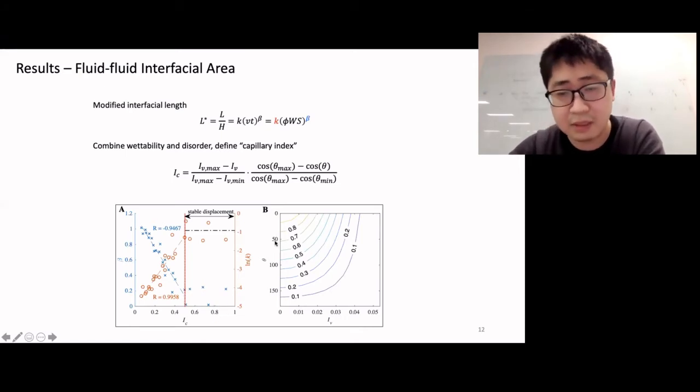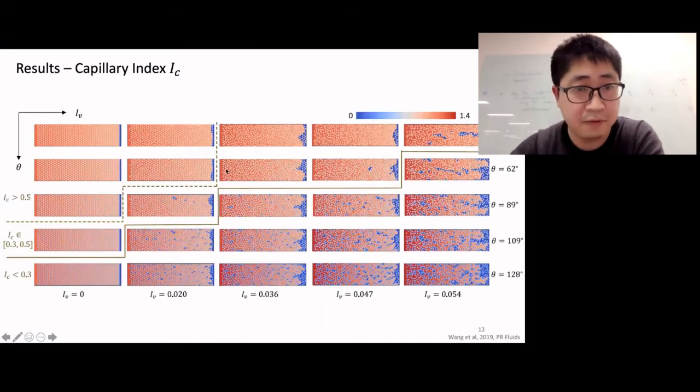So we can plot the contour map of IC in the theta and IV map. Here's the contour map, and then we can put this back onto the phase diagram we observed.